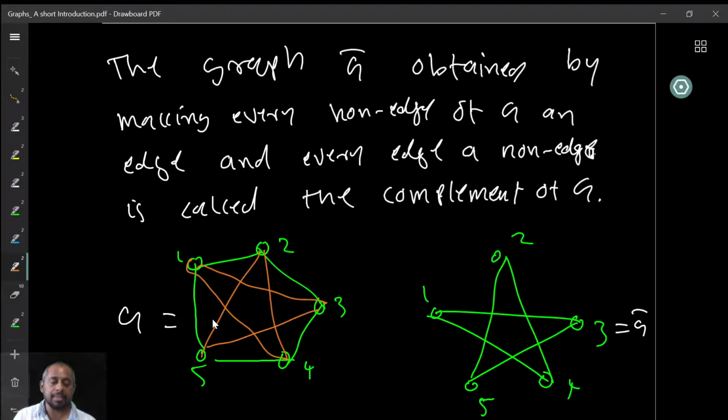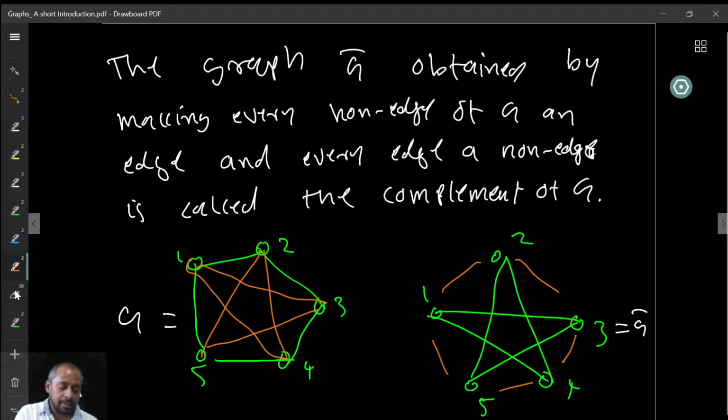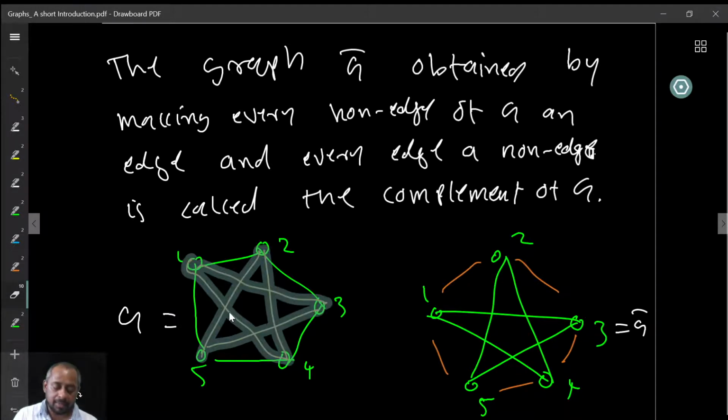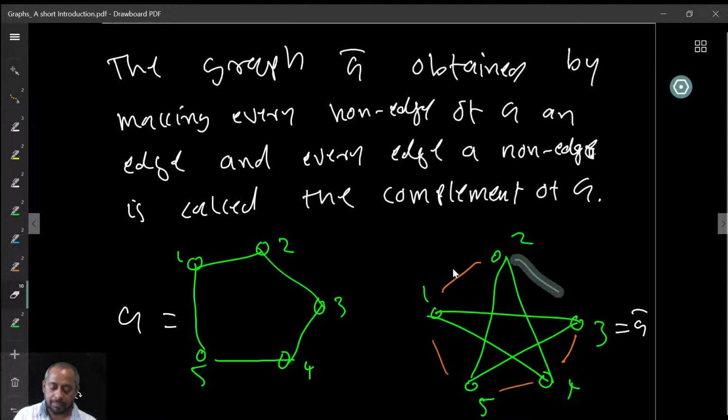So these missing edges of the graph G are going to be present in G bar, and all the edges that are present in G must be missing from G bar. Therefore you get G bar as the complement of the graph G.